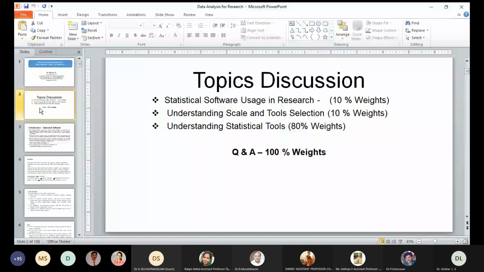I hope you are aware of these statistical tools. All those who carry out topics and research in the social sciences are aware of SPSS. Apart from SPSS, there are many software tools.